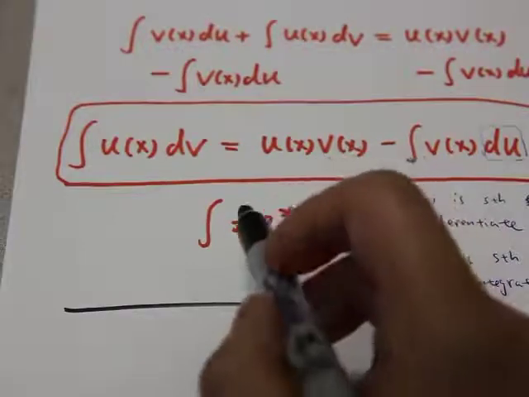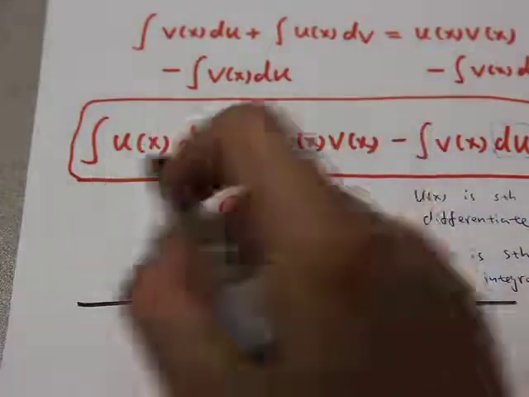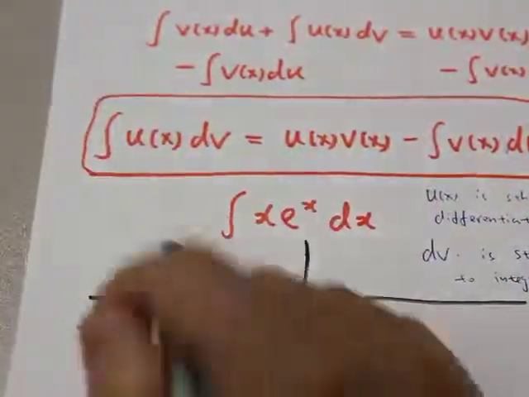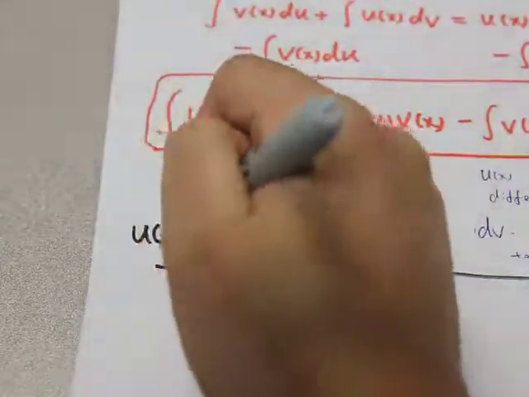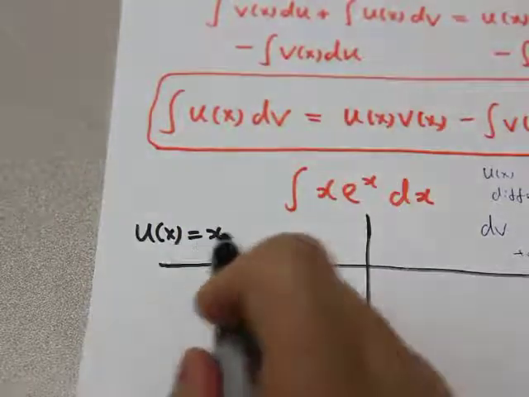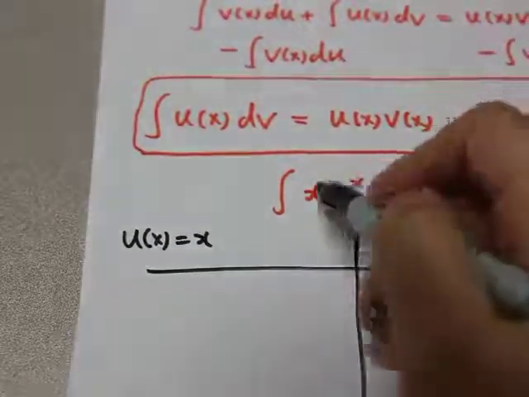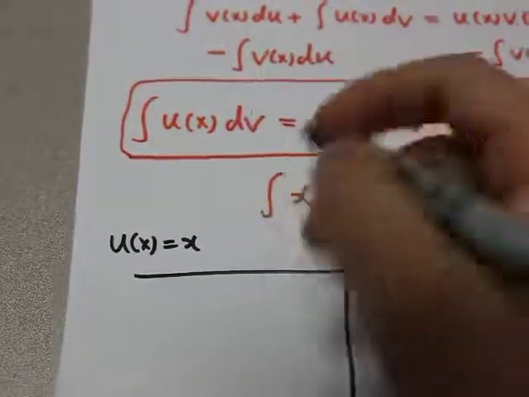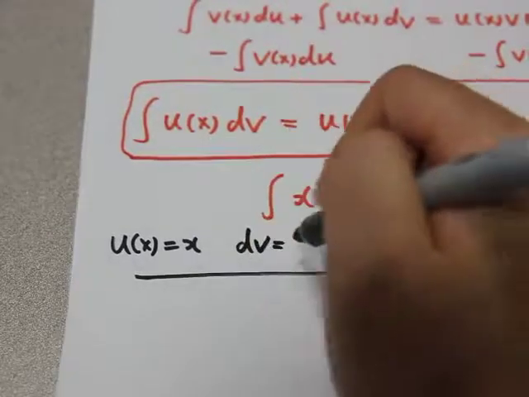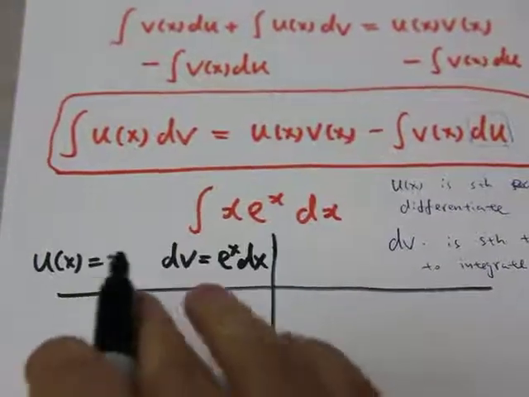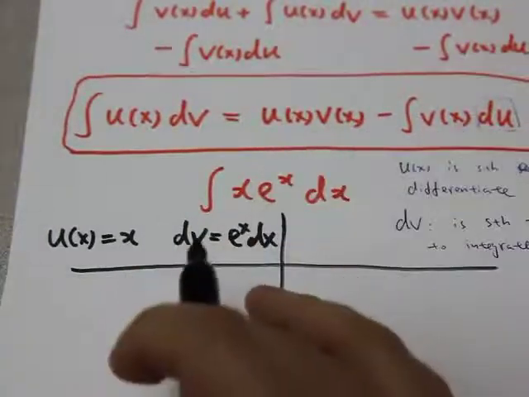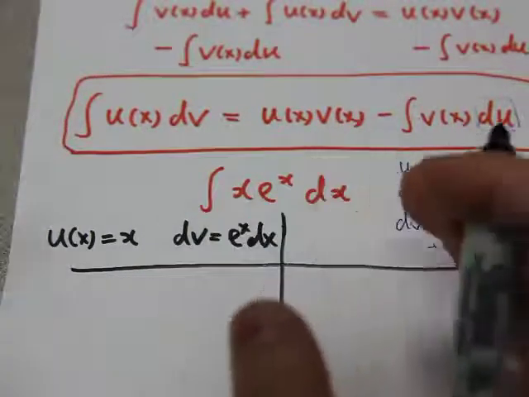Okay, so let me try. If I let u(x) be x, that means the rest of this expression is going to be dv. So this is one composition, right?